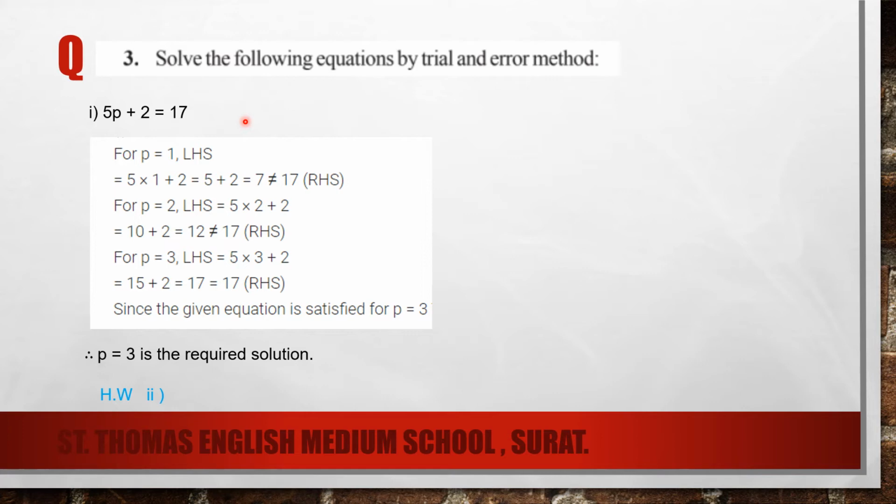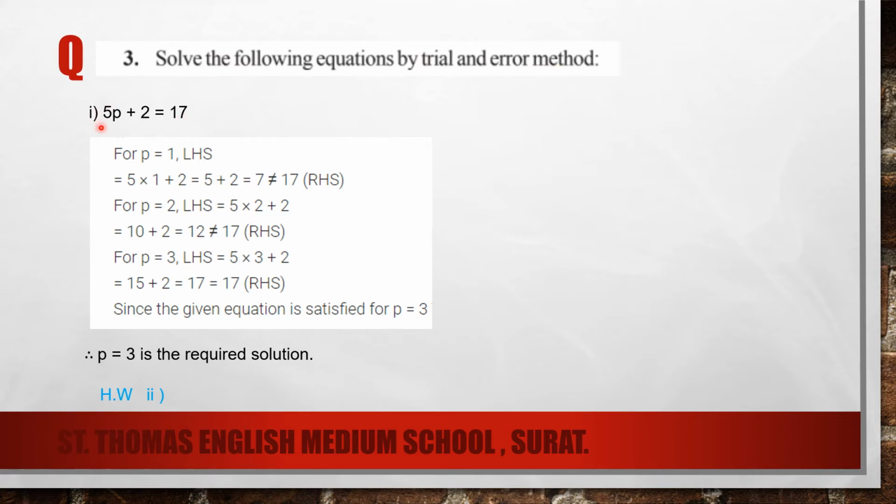You can take a negative value, 0, or a positive value, and when the LHS is equal to RHS, then that value is called the solution of the given equation. So until the LHS is equal to RHS, you have to continue the steps by taking different values. Is it clear? That method is called trial and error method.